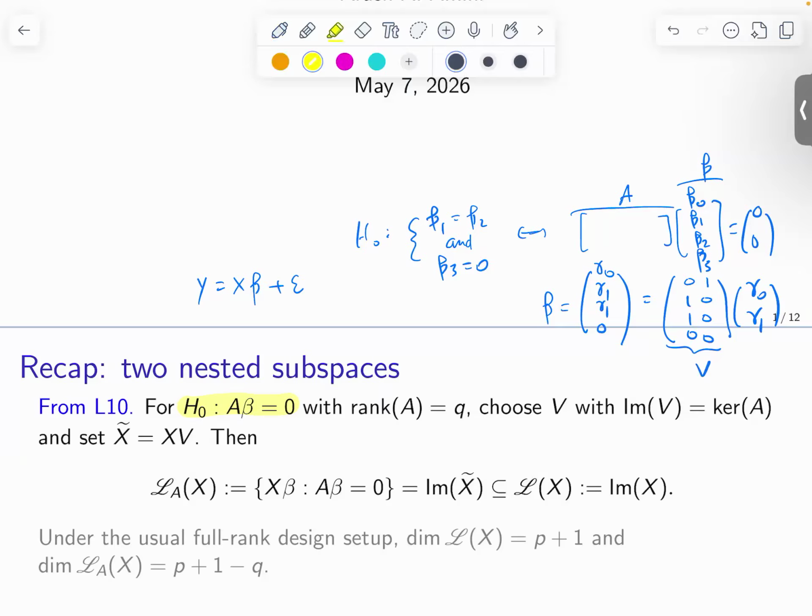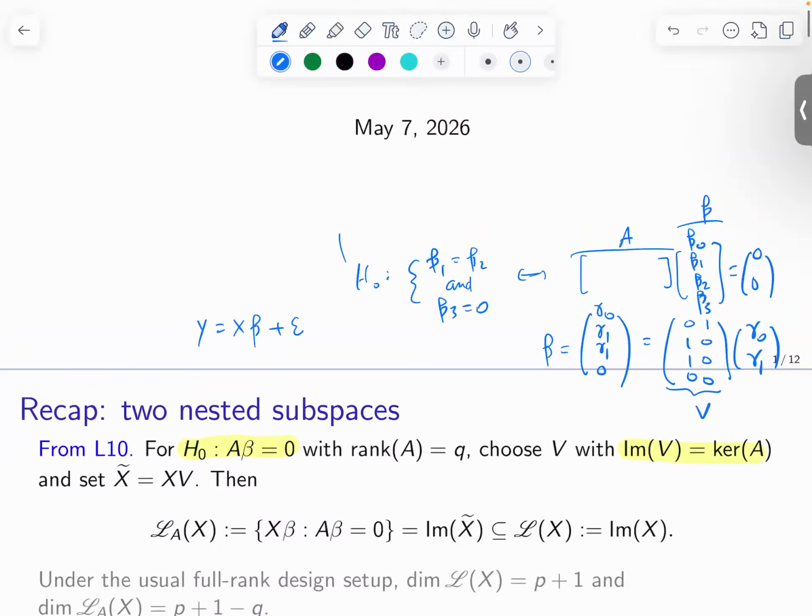So there's this dual formulation. You can say that beta belongs to the kernel of A, that's the top system of equations, or you can say beta is equal to V gamma, some gamma, so it's saying that beta belongs to the image of V. And this second approach is often easier, both in practice and in the way that you can understand.